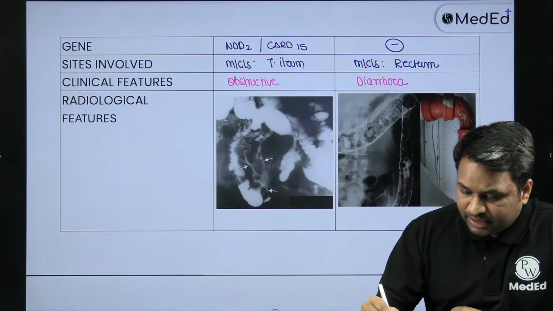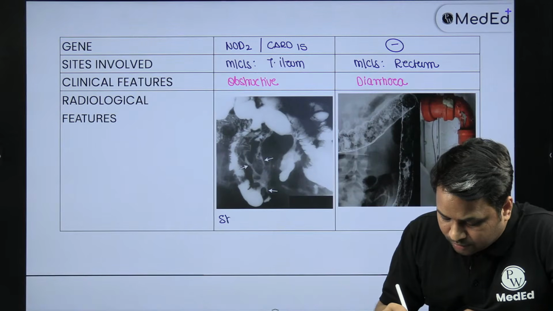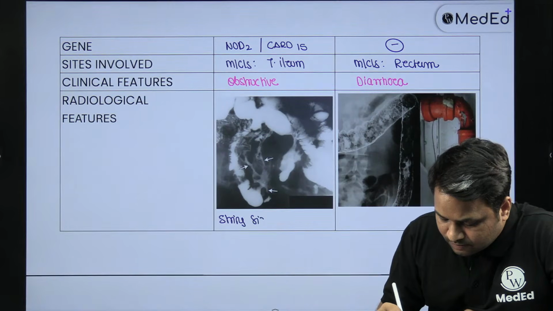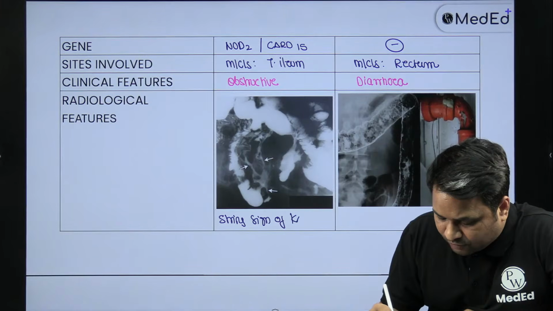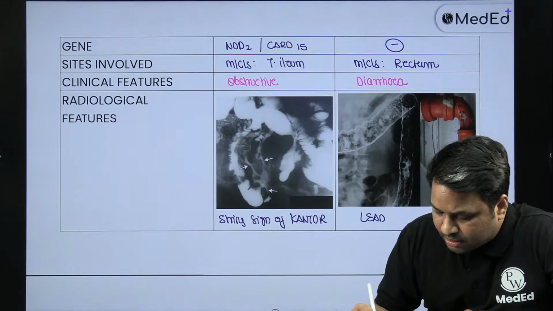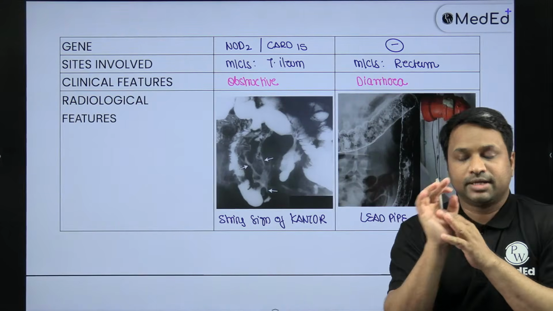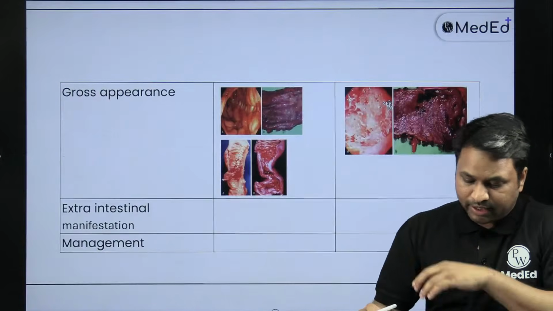Radiological features that you can see: the first one, these strictures, is what we call the string sign of Kantor. The string sign of Kantor is seen in Crohn's disease, and the lead pipe appearance is what you see in ulcerative colitis.